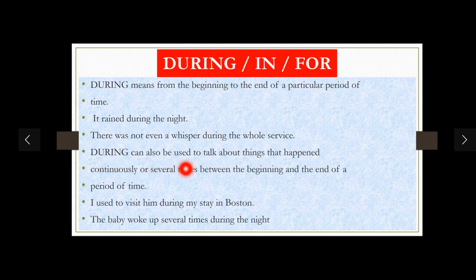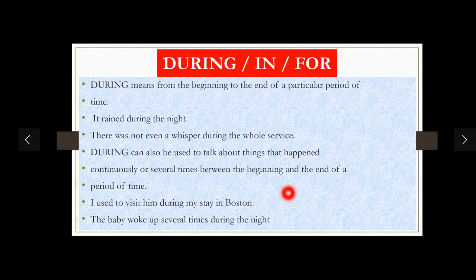During can also be used to talk about things that happen continuously or several times between the beginning and end of a period of time. For example, I used to visit him during my stay in Boston. When I was in Boston, I used to visit him. So it means that during my stay in Boston, several times I visited him, right?